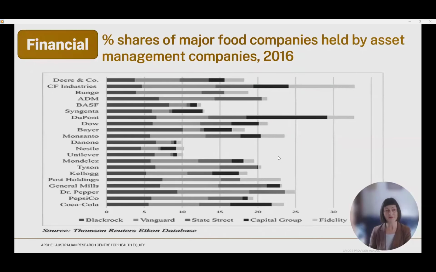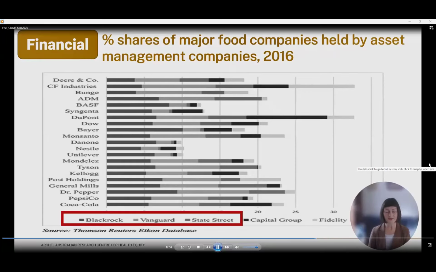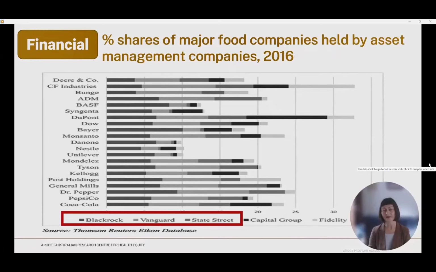Another practice that you may or may not be familiar with is financial practices used within corporations, within the commercial world. Up here on the screen, just a whole load of different companies. You'll recognize the names of some of them. You can see a load of food and beverage companies, and some big agri-food industries in there as well. The thing I want you to note is BlackRock, Vanguard, and State Street.